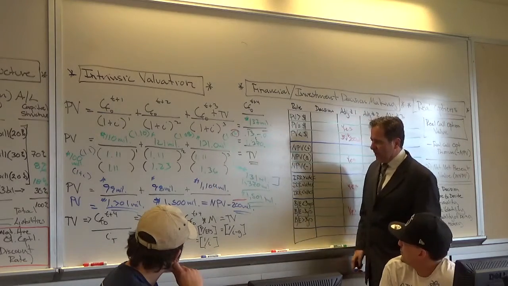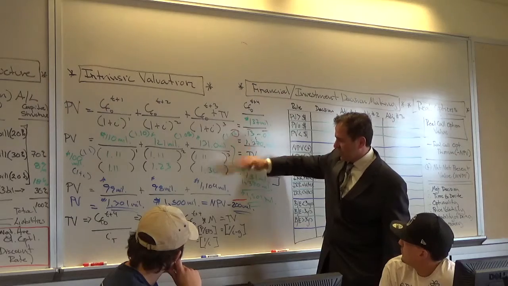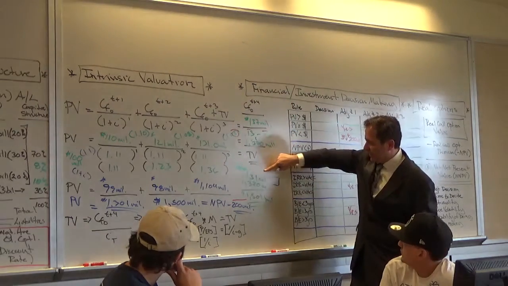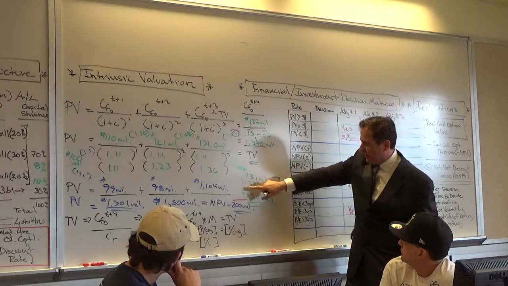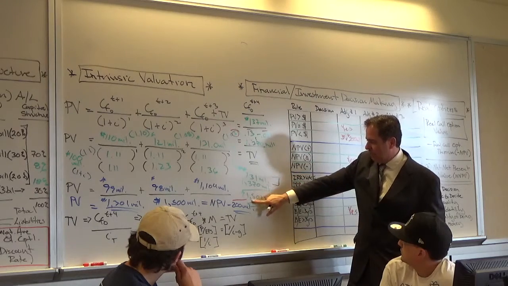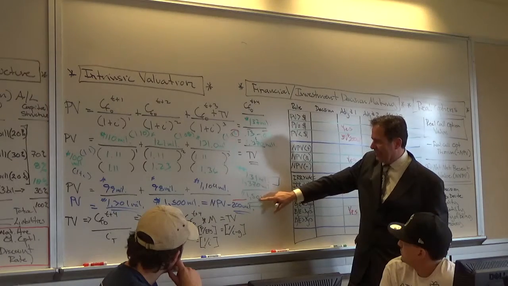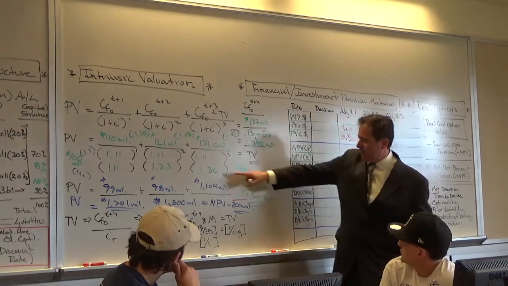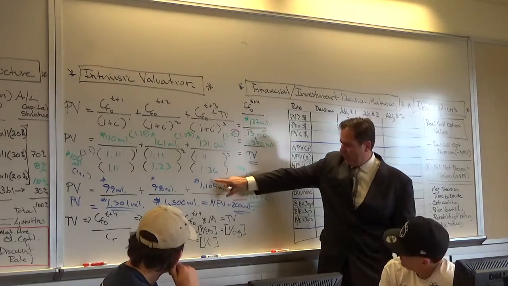Sorry about that, back up. So I take the 131 million plus the terminal value of 1.37 billion, add them together, I get 1,501 million. Okay, I take that and I discount that by the 1.36 to get the 1,104.